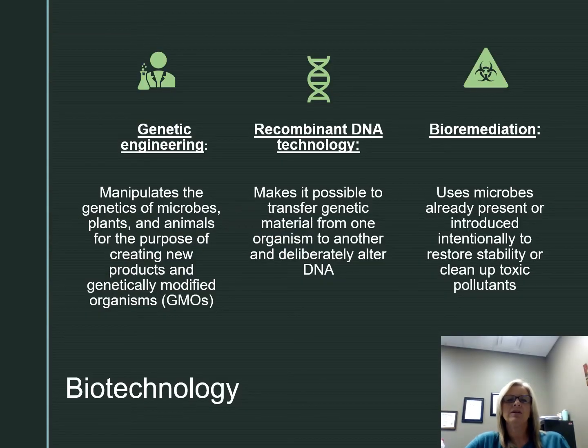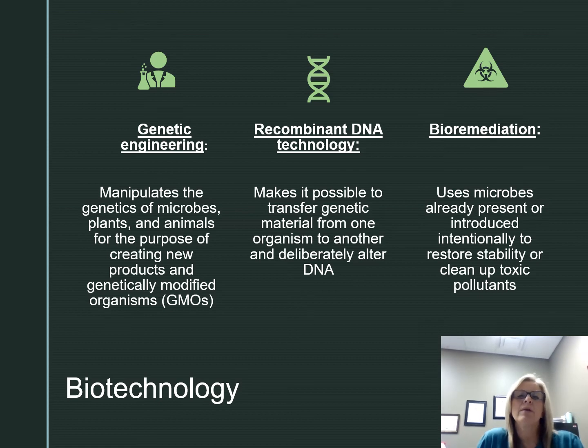Biotechnology is when humans use microorganisms to make products in an industrial setting. This is going to include things like genetic engineering. This is where we change or manipulate the genes of microbes, plants, and animals for creating new products like genetically modified organisms. We have been doing this for a very, very long time.